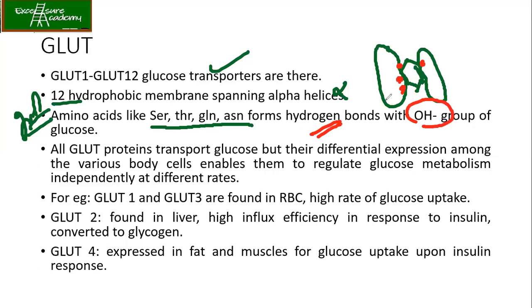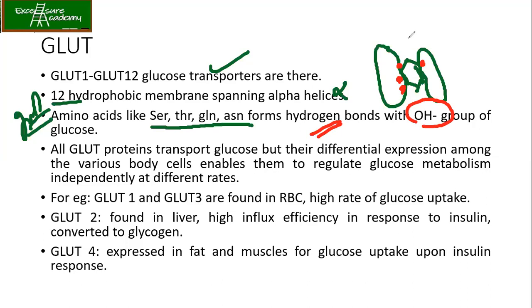This is how the specificity of the glucose transporter works. If these 4 amino acids are able to make 4 hydrogen bonds with the incoming binding molecule, then it means that the molecule is specific to the transporter.